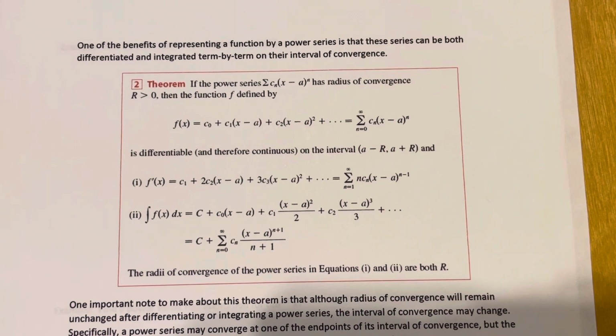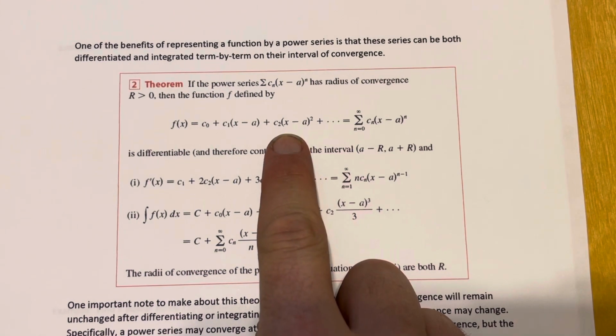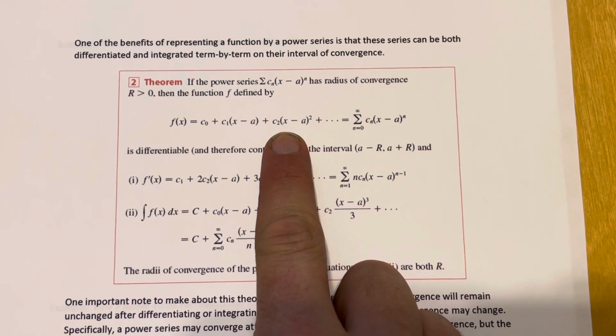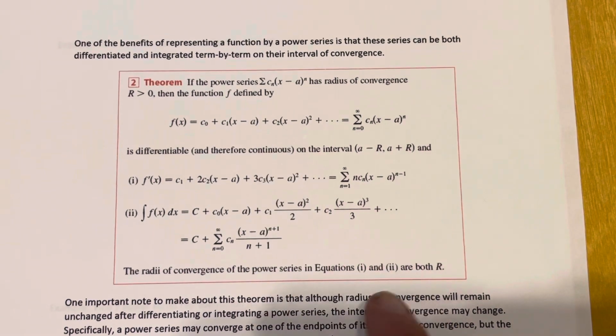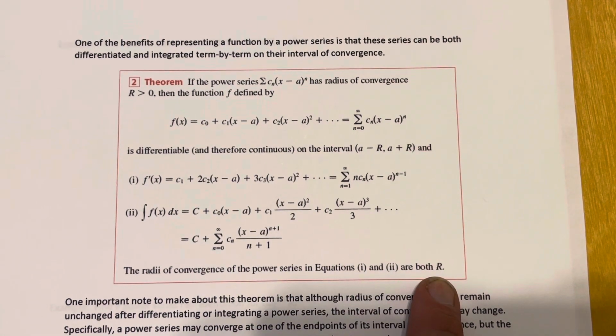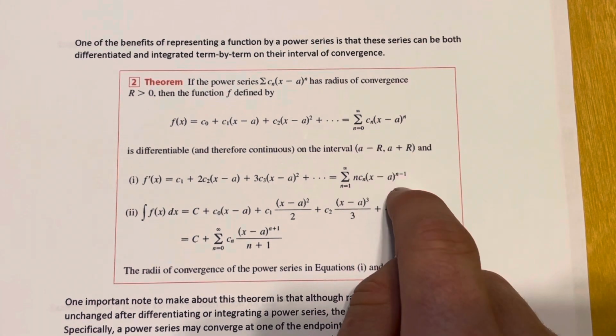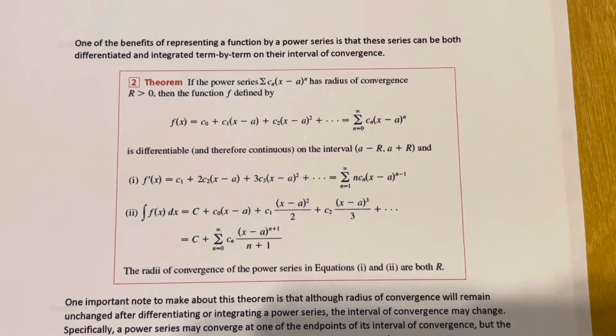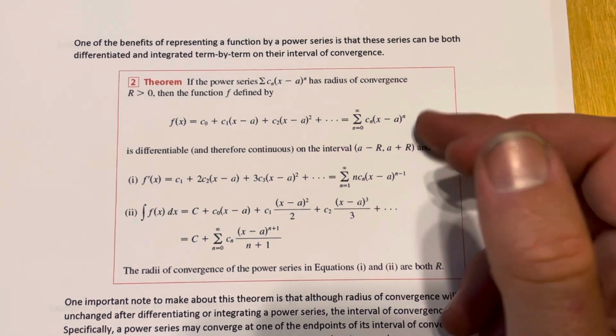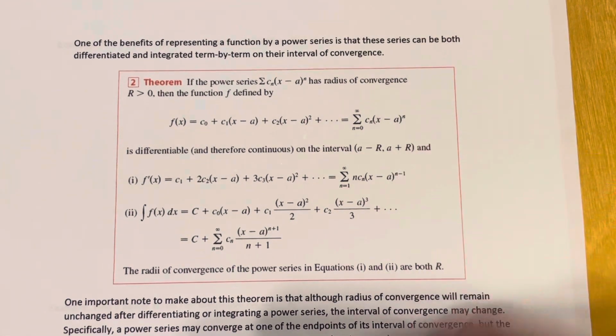Now, in addition to that, not only can we differentiate and integrate these power series, but we automatically get the exact same radius of convergence when we do that. So notice that if I take this series and I differentiate it, or if I integrate it, I'm getting a new power series by doing that. But the radius of convergence automatically travels with that.